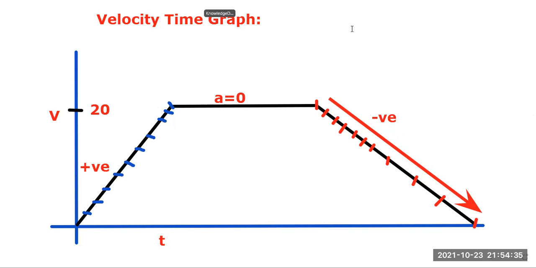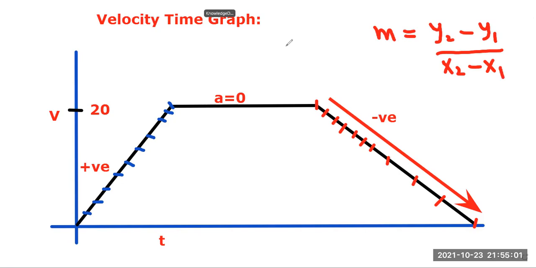Now suppose for this portion, let's calculate the gradient of this graph. So gradient of the graph is y2 minus y1 over x2 minus x1. Along the y-axis it is velocity, so it is v2 minus v1 over t2 minus t1.